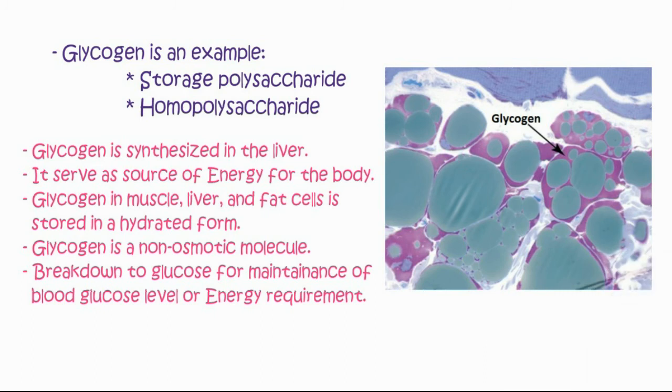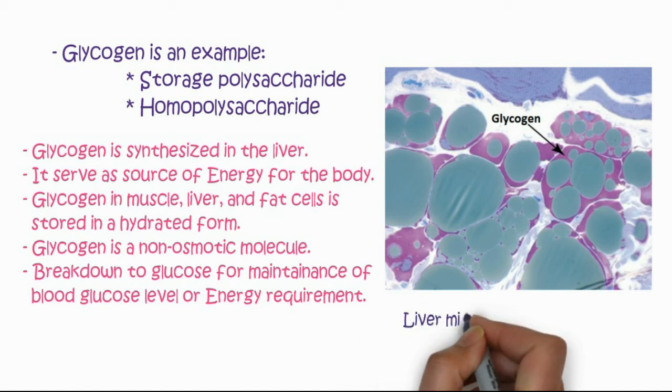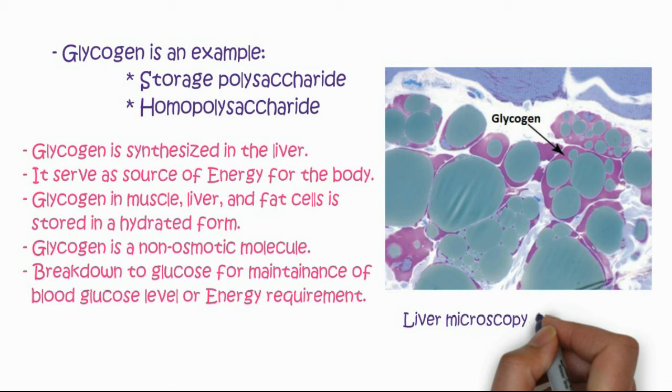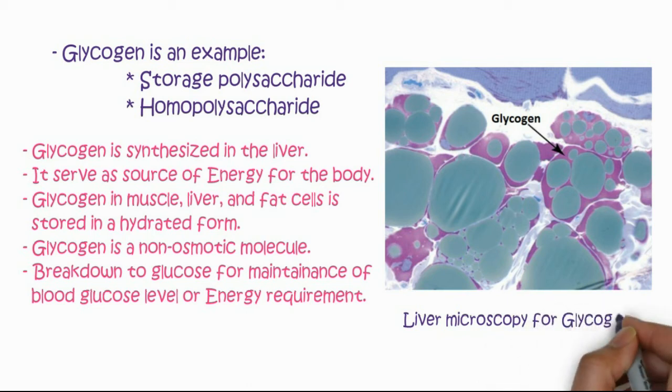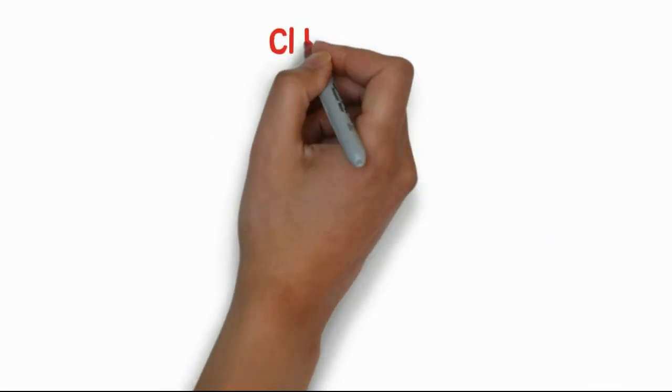In this picture, you can see a microscopic slide of the liver of an animal. The area in pink represents glycogen in the liver, which is surrounding the different cells.